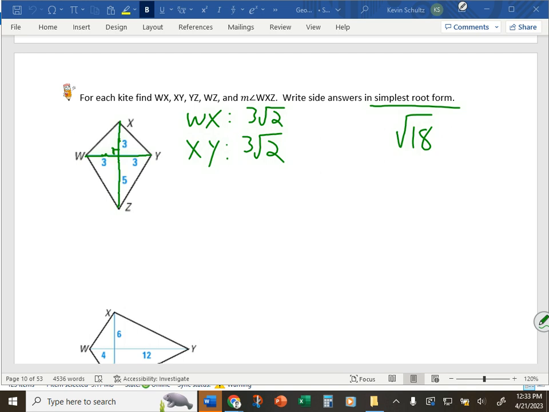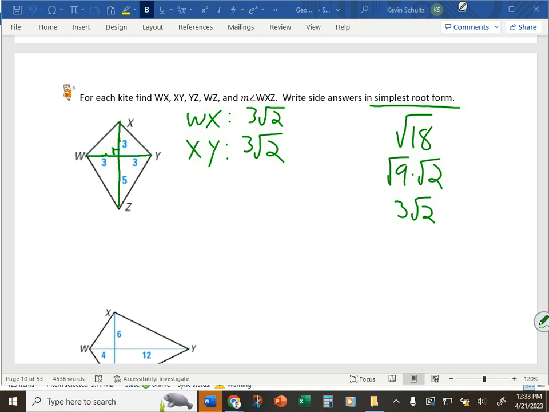Then, simplifying the root, you're looking for 2 factors, one of them being a perfect square. That's your 9. Root 9 simplifies to a 3, and then you have your root 2 that tags along. So that's how you get 3 root 2 using the Pythagorean theorem.